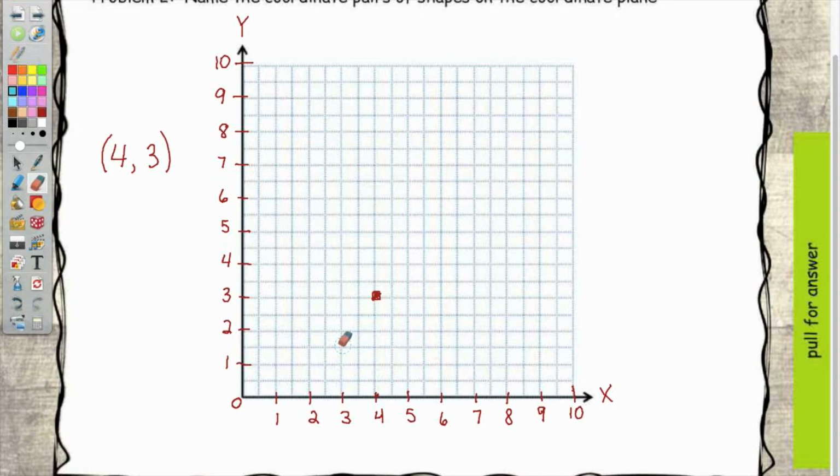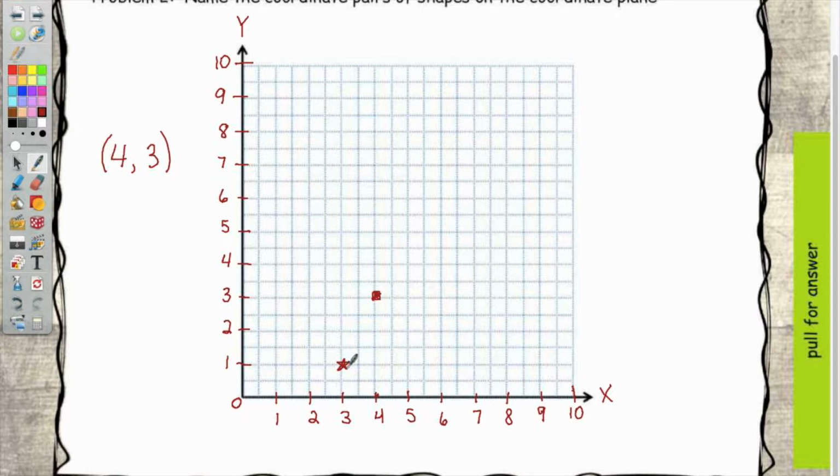The next thing I want you to do is put a star at 3, 1. Put a star at 3, 1. Would I start with my point and then make a star on top of it?